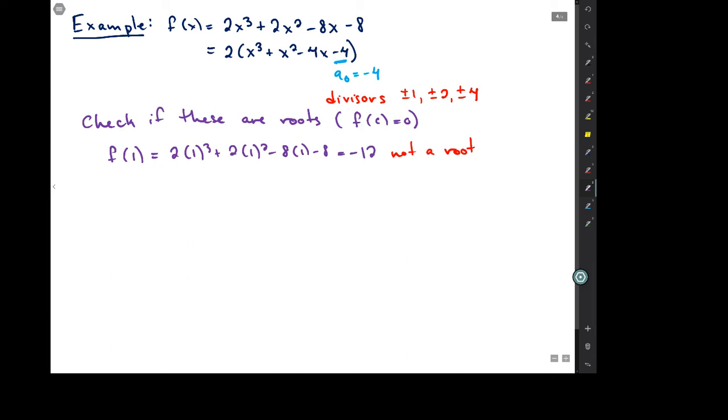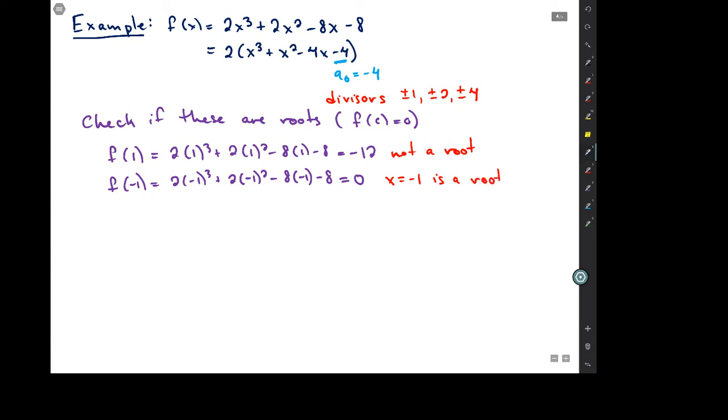When I plug in minus 1, I'm evaluating 2 times minus 1 cubed plus 2 times minus 1 squared minus 8 times minus 1 minus 8. This comes out to 0. So x equals minus 1 is a root.